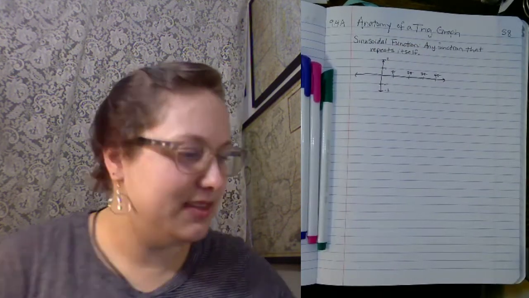And let's just say that this is pi, 2 pi, 3 pi, 4 pi. I am making this up as I go along, and that is A-okay. But I should also do it on this side, negative pi.